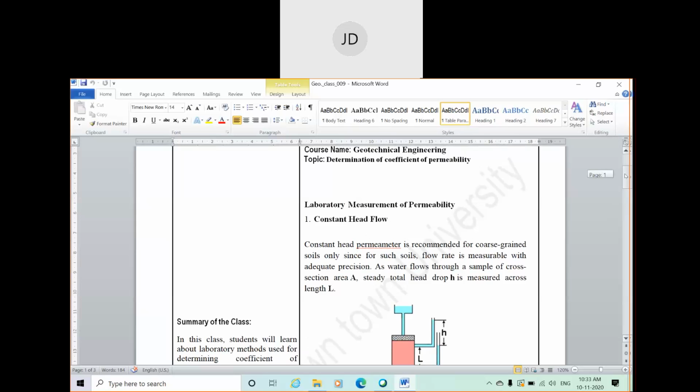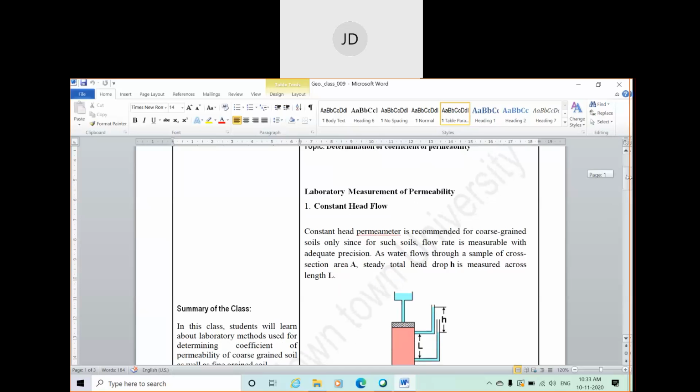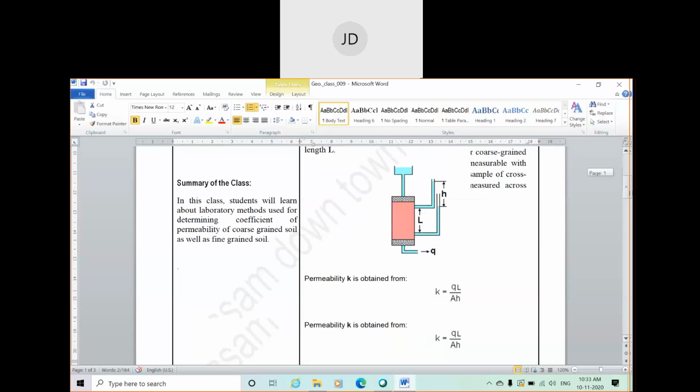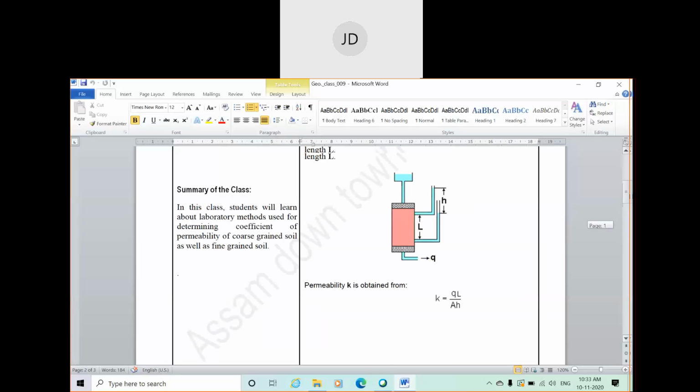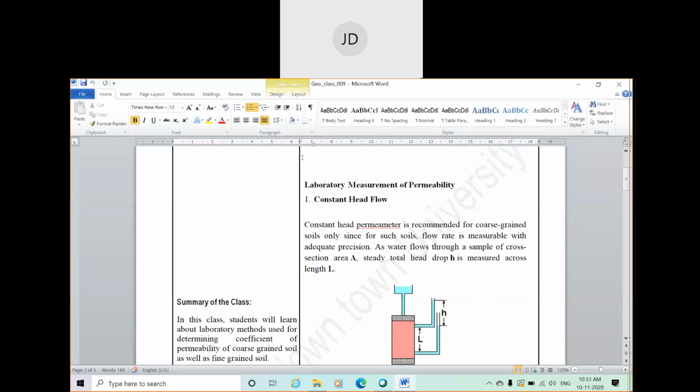One more difference is there technically, and the name itself says it. The term constant is added in the first test, constant head, and the second is represented as falling head. In the first test the hydraulic head, or head difference, is constant.